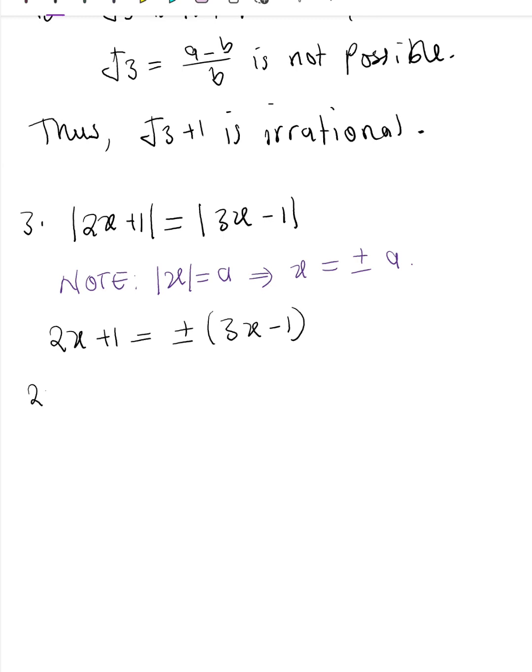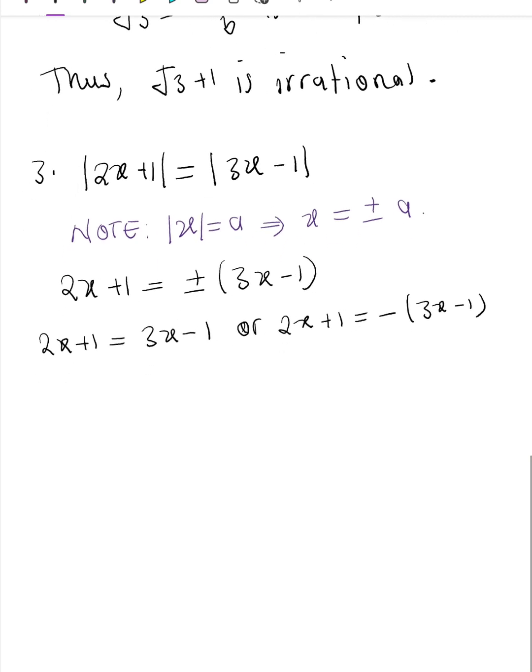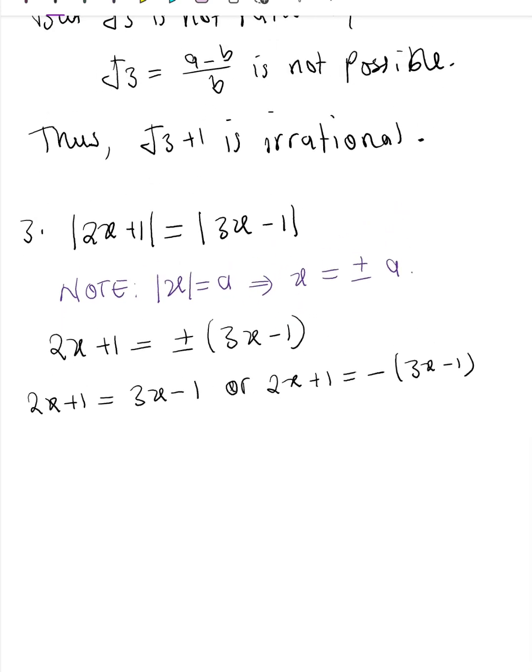What this means is that 2x plus 1 is equal to 3x minus 1, or 2x plus 1 is equal to negative (3x minus 1). So let us start with the first one.